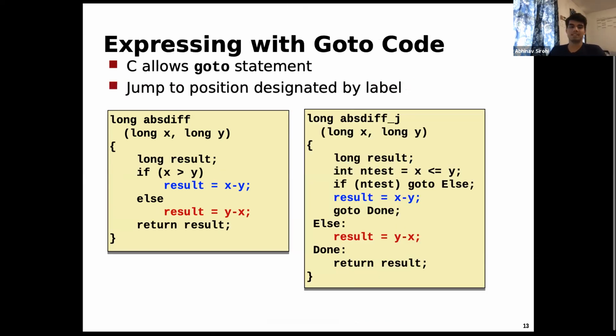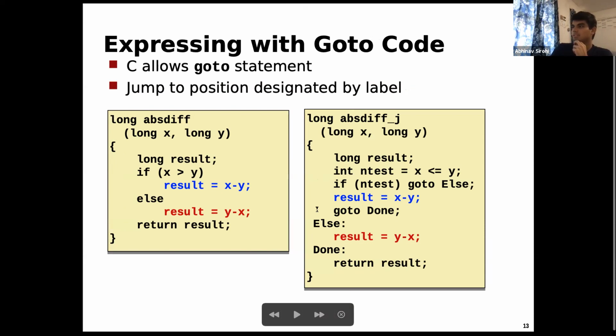And so we can think of translating between C code and assembly code as go-to code. So let's transfer the C code we just looked at into go-to code.